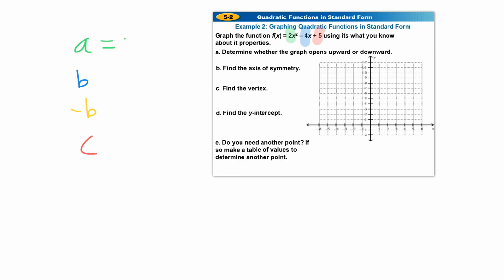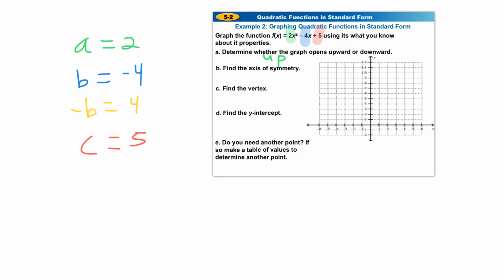So a is +2, b is -4, the opposite of b is +4, and c is 5. We're going to use all of these values to help us graph. So now that we've identified those, we're going to use the a value to determine if it opens up or down. Since a is positive, it's going to open up.